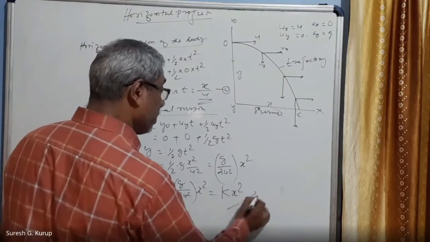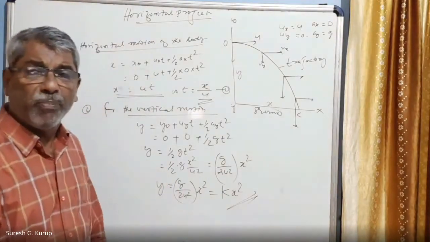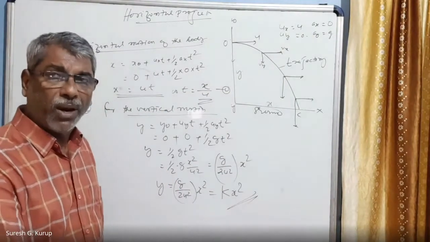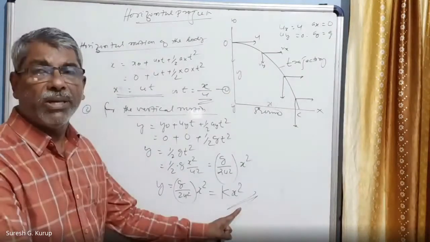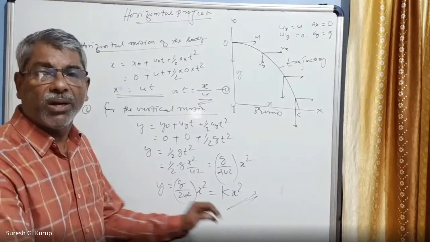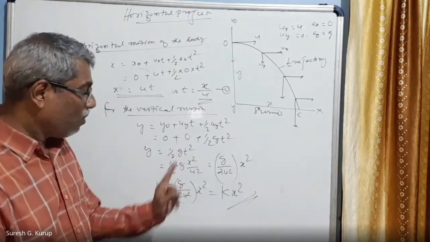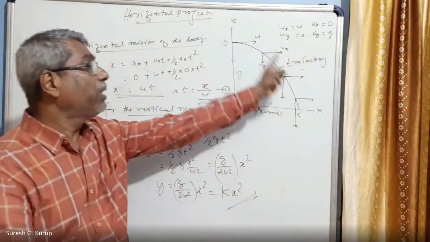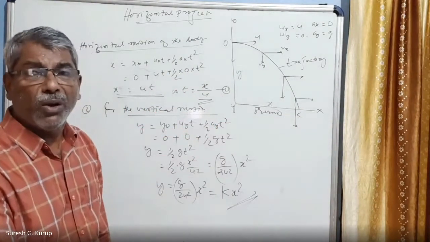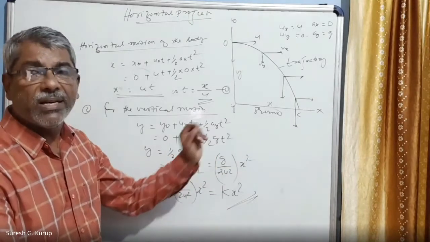This is the simplest equation of a parabola. y is equal to kx square is the best example of the equation of a parabola. So what we say is that in the vertical motion, when the body moves along a trajectory, the trajectory is a parabola.